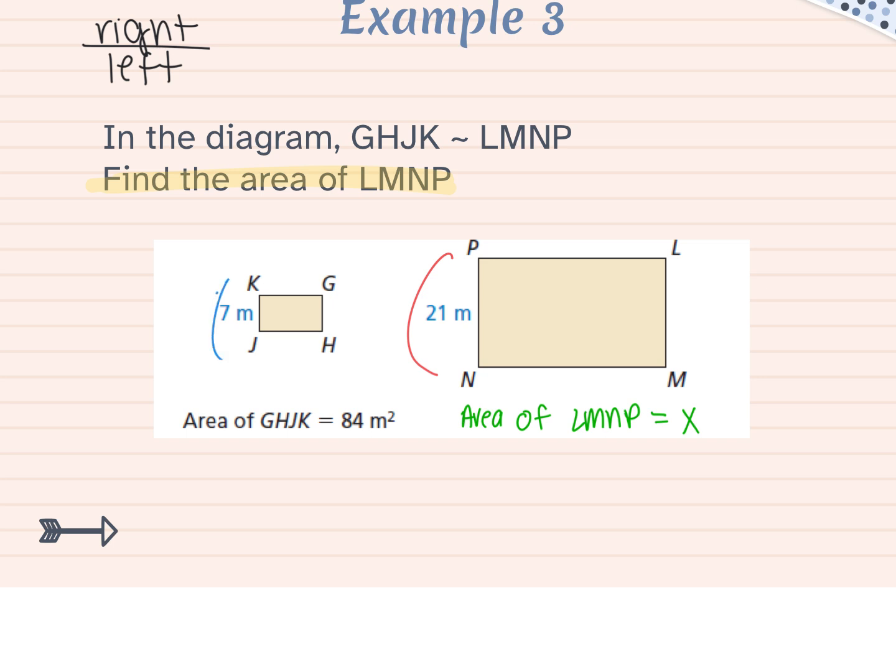I'm going to have PN over KJ. Looking at it, PN gives me 21 over 7. Can I simplify this? Good. To 3, and I'm going to keep it as a ratio, 3 over 1. So I found my scale factor, my ratio of corresponding side lengths, it's the same thing.